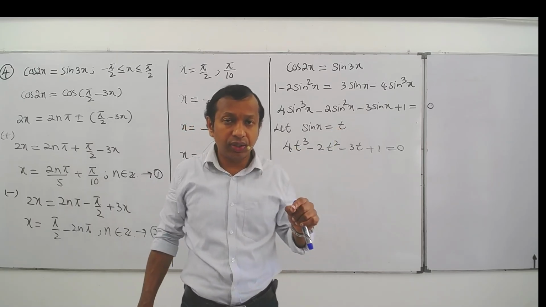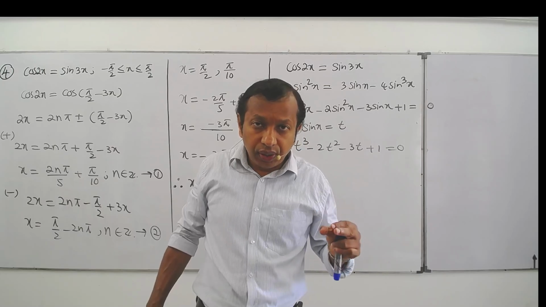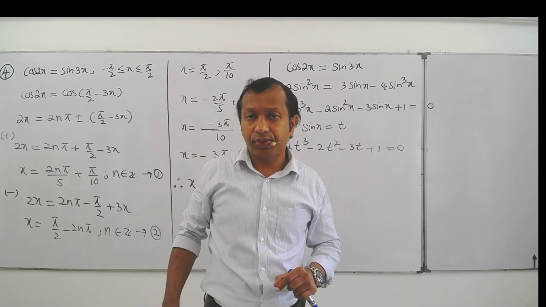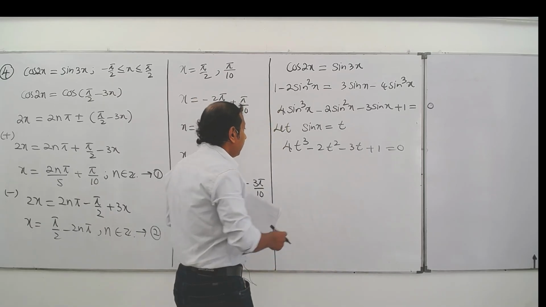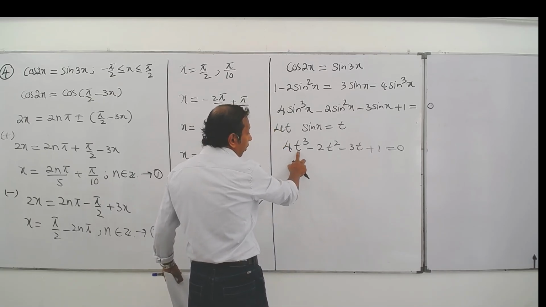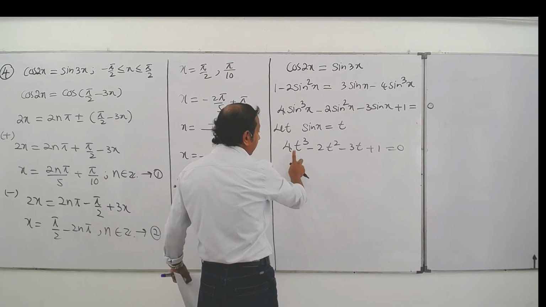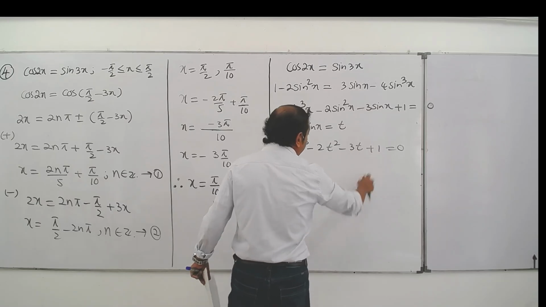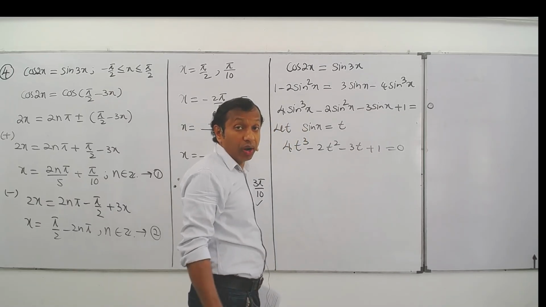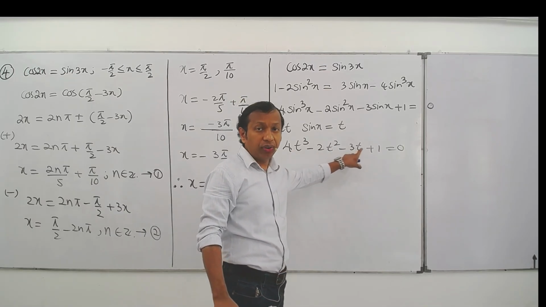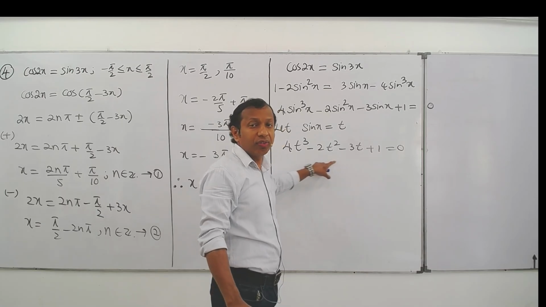Then I can factorize this. When I put t equals 1, what will happen? Here 4, here minus 2, here minus 3, here 1. When you put t equals 1, 4 minus 2 minus 3 plus 1, the left hand side becomes 0.